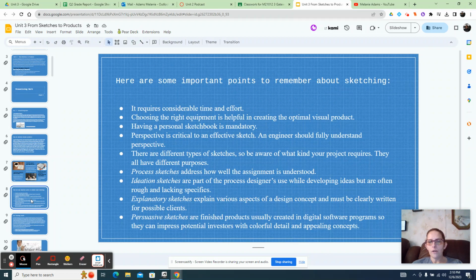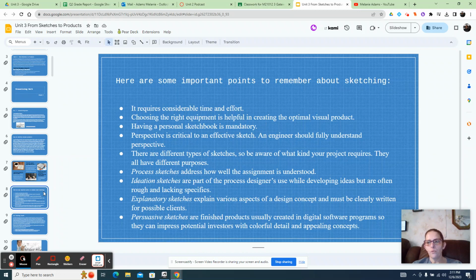Here are some important points to remember about a sketch. It requires considerable time and effort. Sometimes it really doesn't, honestly, but sometimes it does, depending on how specific you want to be. You need to choose the right equipment for optimal visual products, such as having a personal sketchbook.